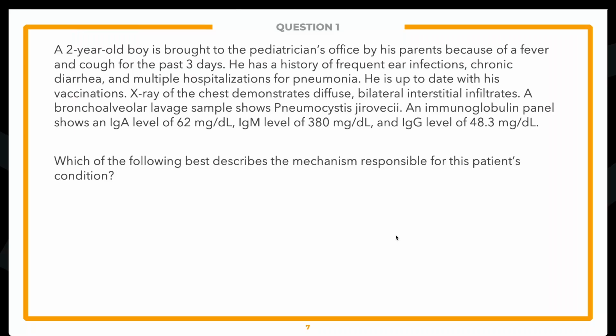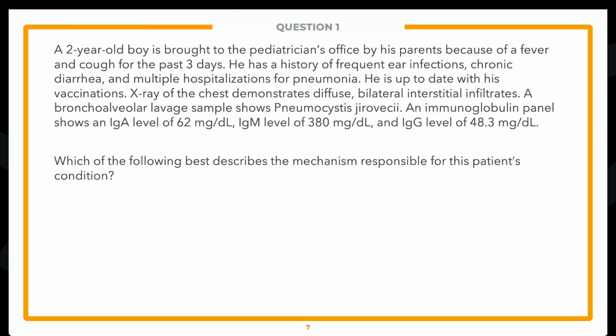So we say, first up, cover up those answer choices, and then step 2, read the lead-in. And, for those that are new to this, the lead-in is the actual question here. So in the case of question number 1, the question is, which of the following best describes the mechanism responsible for this patient's condition?